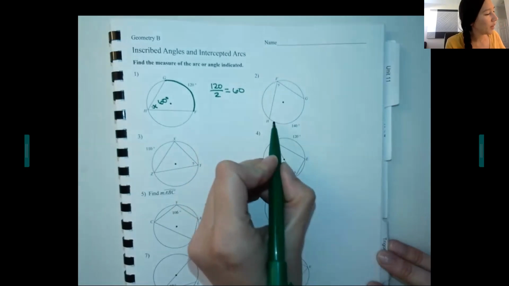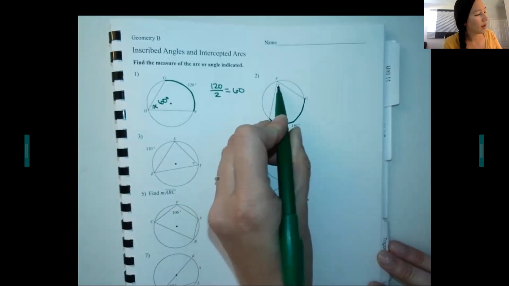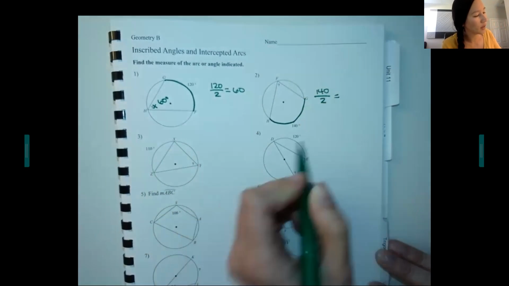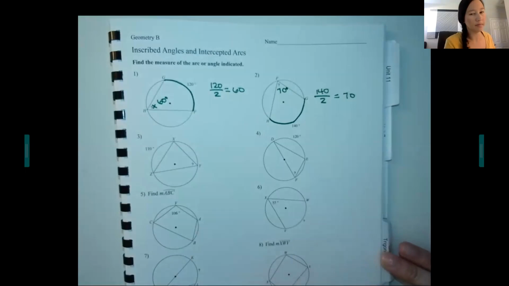For number 2, again, we are given the arc, which is 140. So to find this angle, we need to take 140 and divide that by 2, which means this angle is 70.